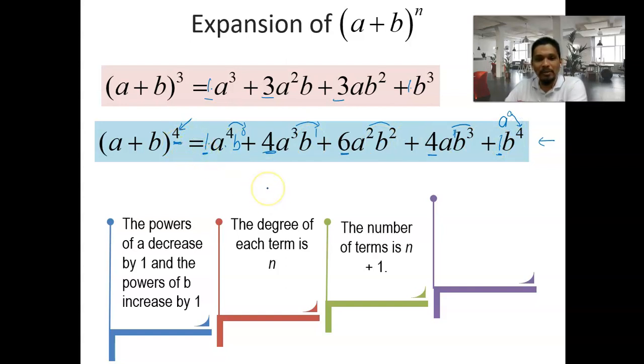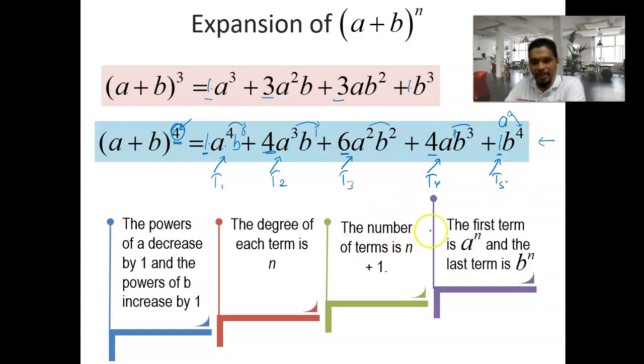The number of terms is n plus 1. When n is 4, how many terms do we have? The first term, second term, third term, fourth term, and fifth term: T1, T2, T3, T4, T5.